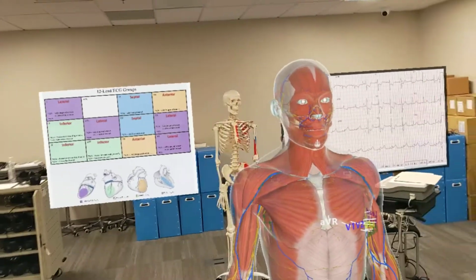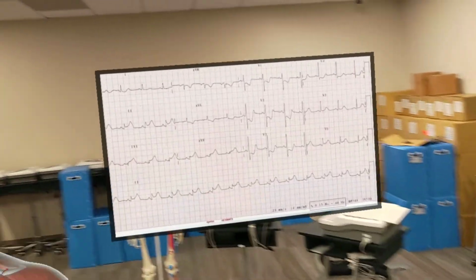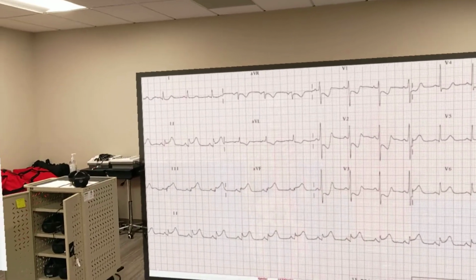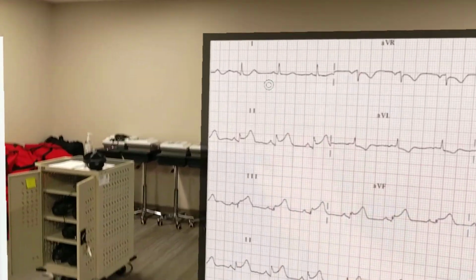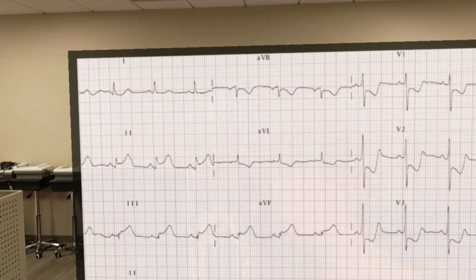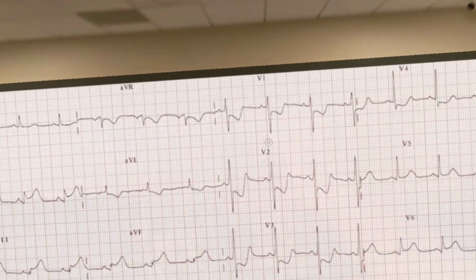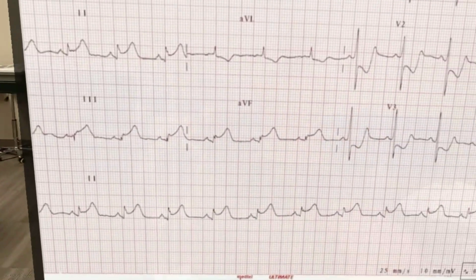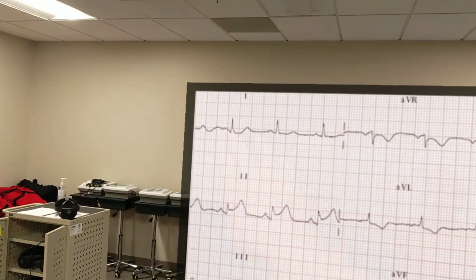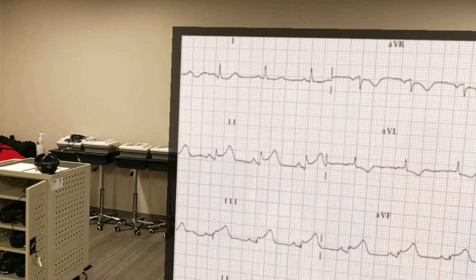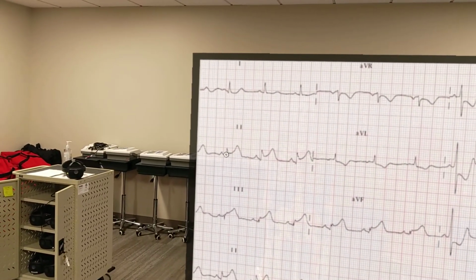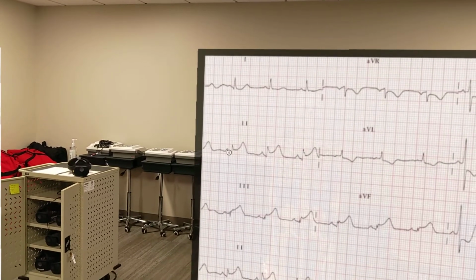This one here, we flipped. So this one shows something pretty interesting. You can see lead 1, lead 2, lead 3, AVR, AVL, AVF, V1 through V6, and then our monitoring lead. You can see that lead 2 is showing a PQRST.